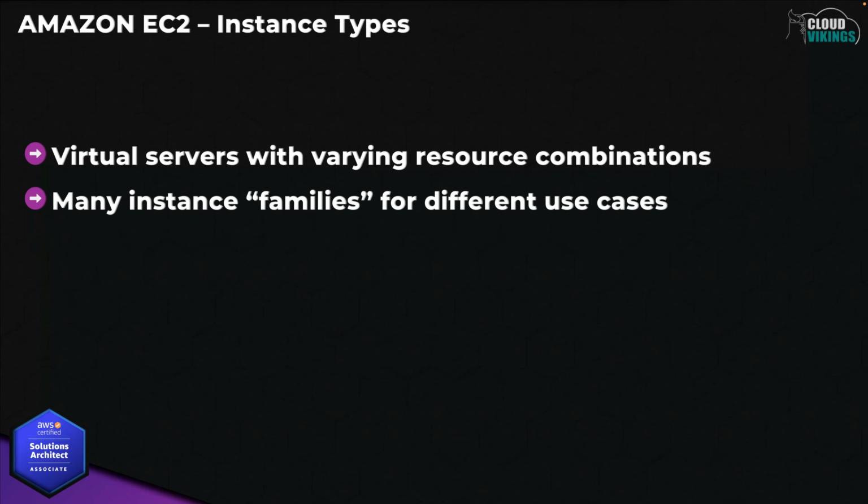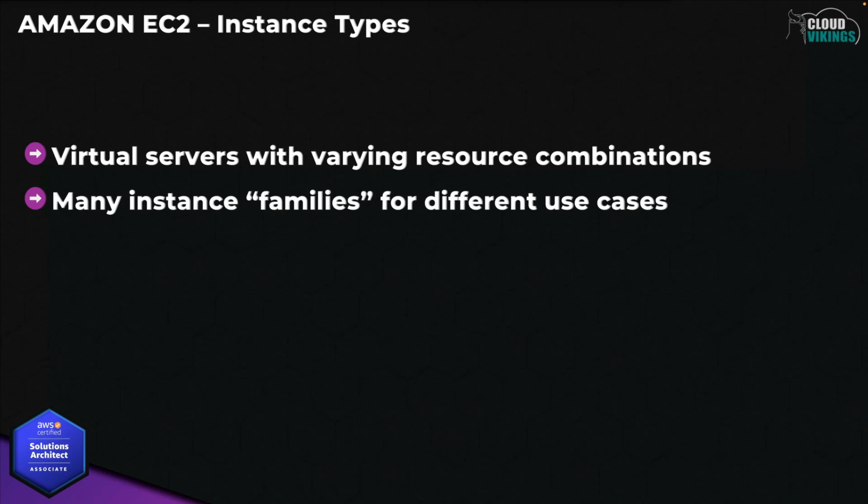Now, to make it easier to choose, AWS groups instance types into families based on common use cases and resource profiles. For example, there are instance families for general purpose use, for compute-intensive tasks, and even memory-intensive tasks, and so on. Each of these families is tuned to excel at a certain workload type.